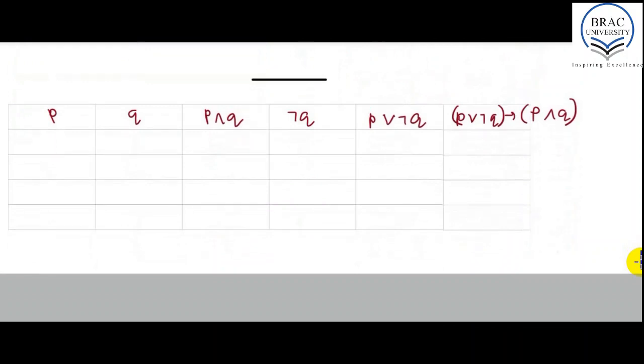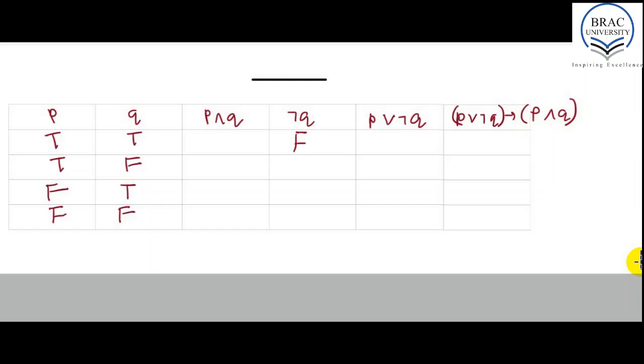What are the possible combinations of P and Q? P is true, Q is true; P is true, Q is false; P is false, Q is true; P is false, Q is false. Now let's negate this.